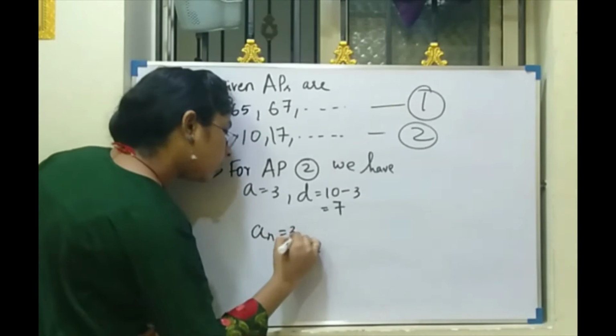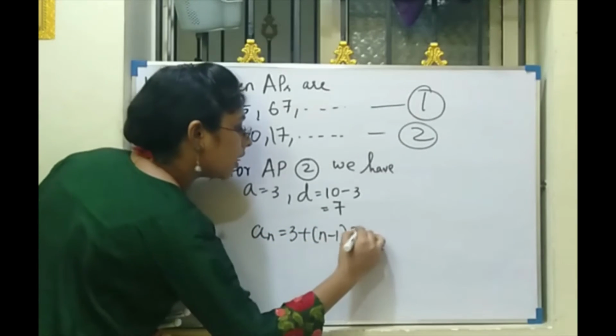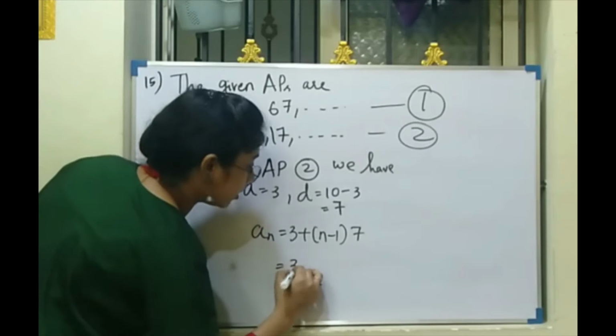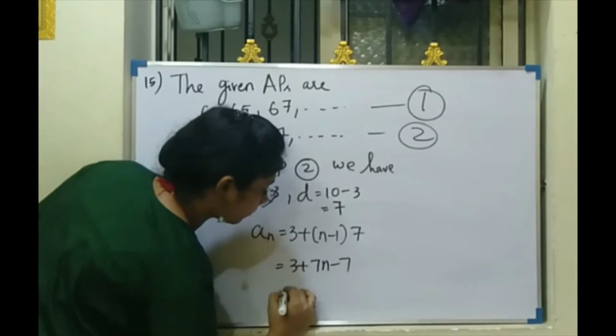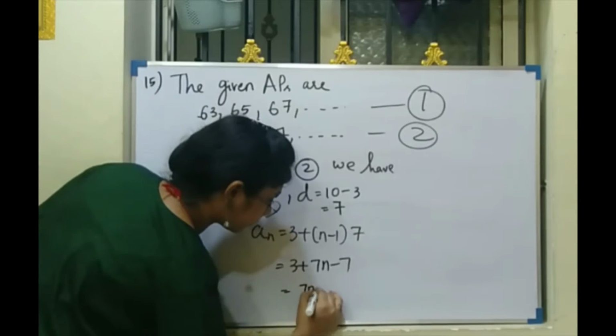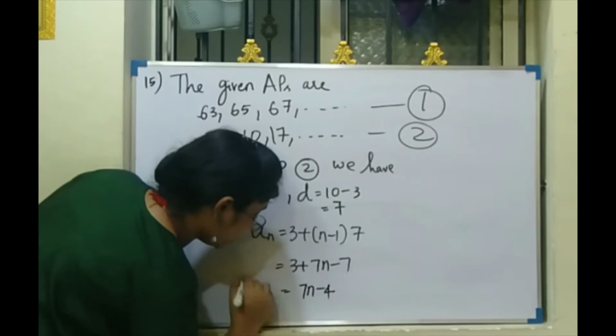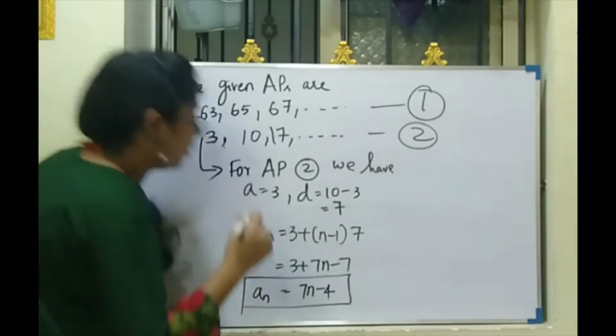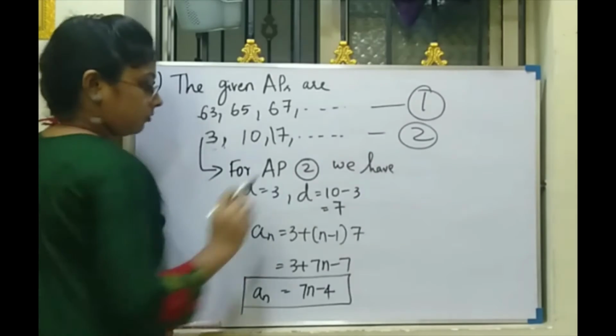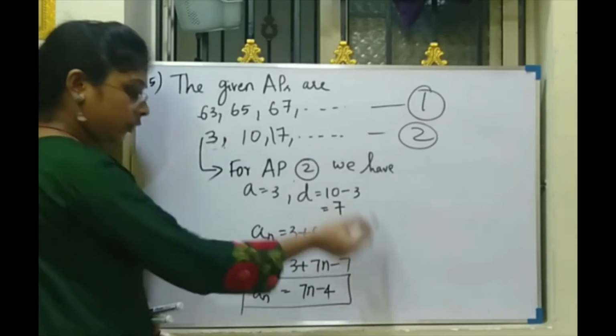And an is equal to 3 plus n minus 1 into 7. So this is the equation for AP2.